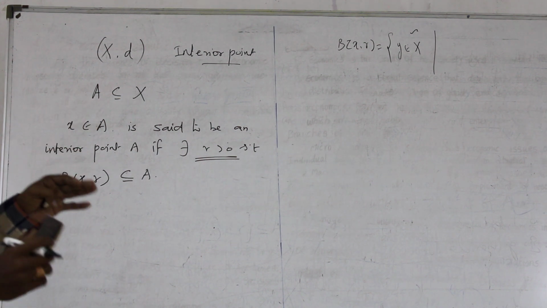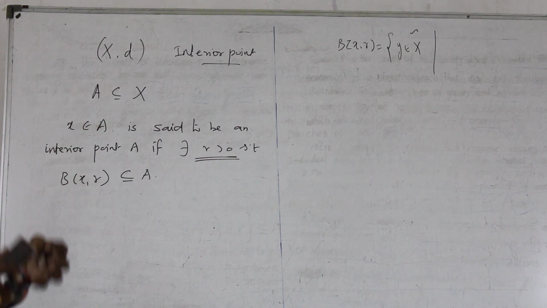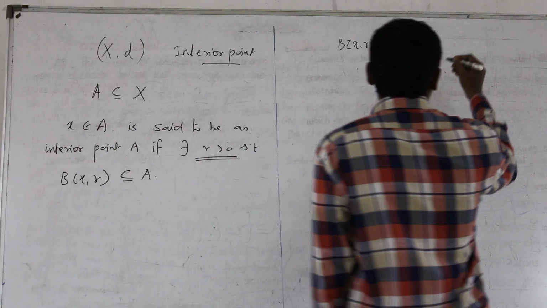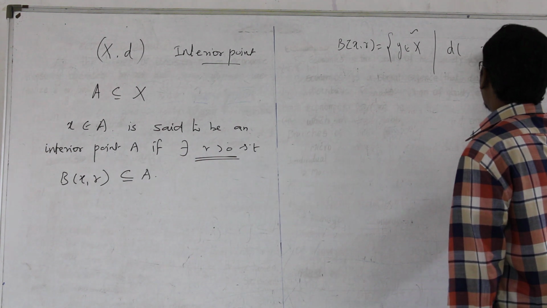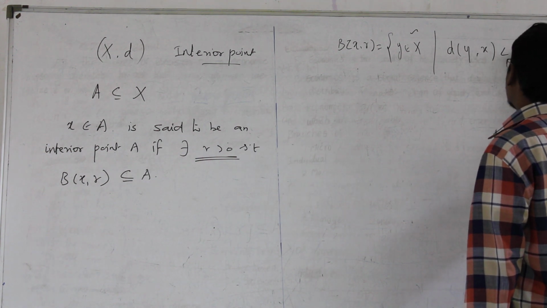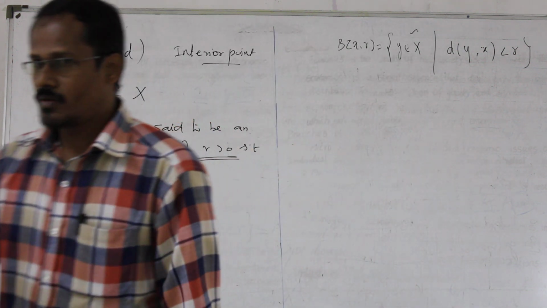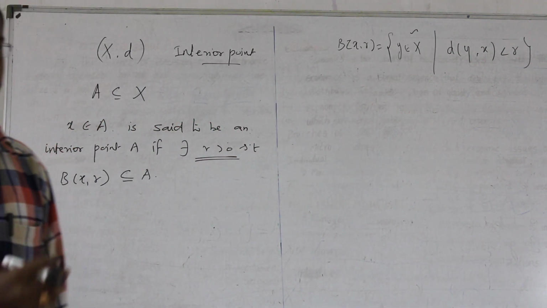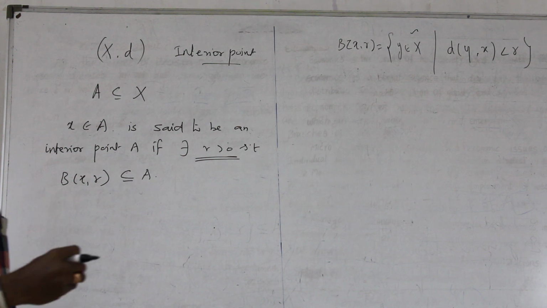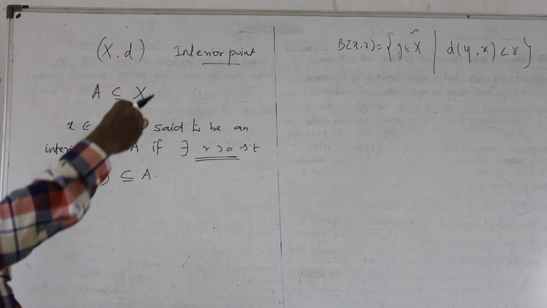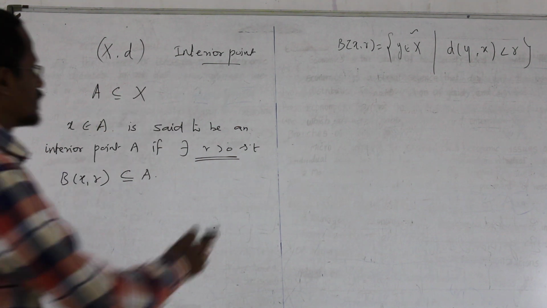B of x comma r means that you collect all possible points in that given metric space under consideration whose distance from the point x is less than r. Again, I insist on the definition. You collect all possible points y in that metric space x such that d of y comma x, that is the distance from y to x, is less than r. So that is the definition of open ball.